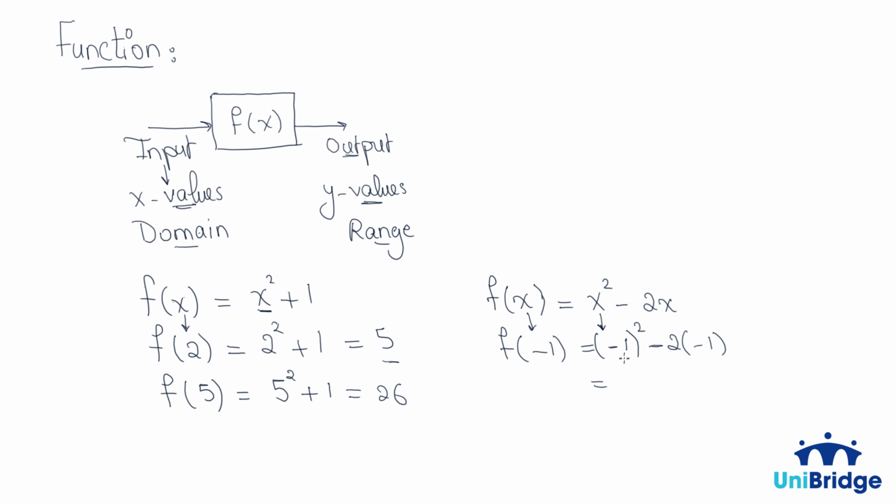Negative 1 squared is going to be 1, and negative 2 multiplied by negative 1 is going to be positive 2. So you simply add 1 and 2 and you get 3. So this is basically the concept of the function. You plug in values of x, you get the outputs, which are the values of y. So let's expand on that and talk about composite functions.